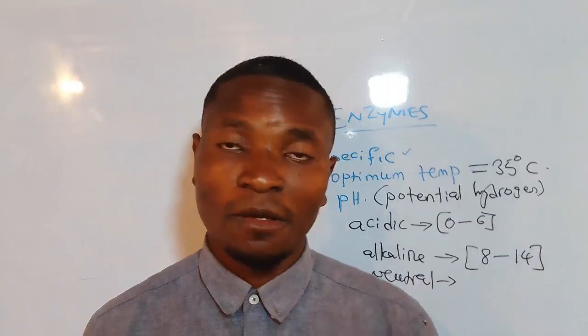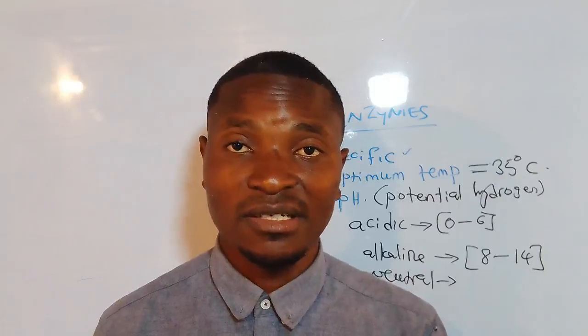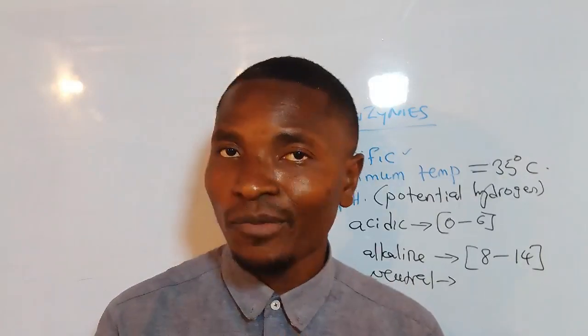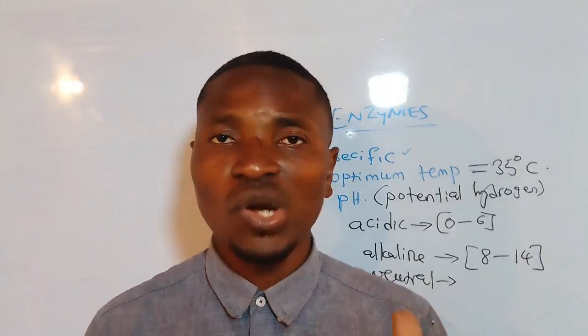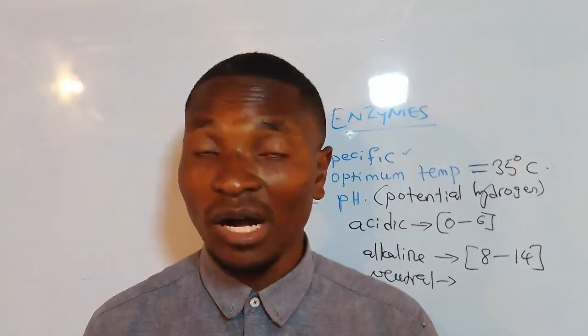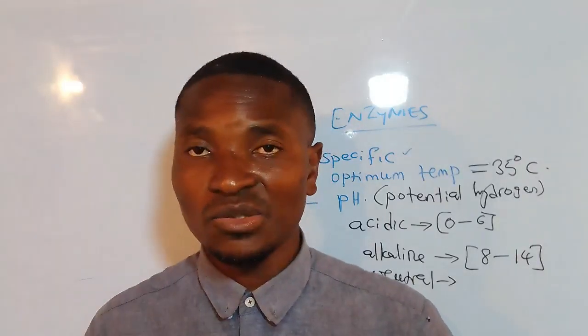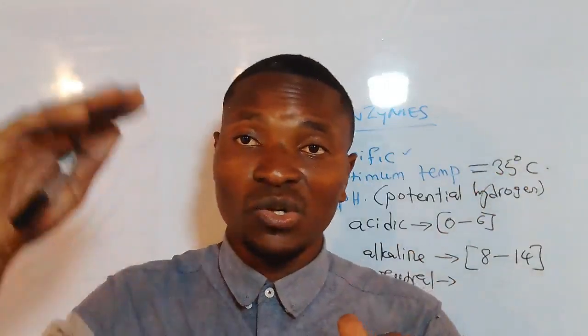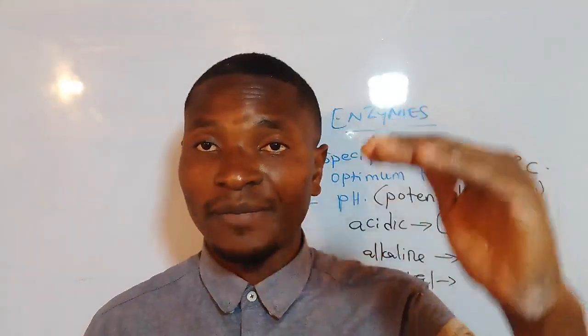But normally it's never exactly neutral like 7 as a pH, but it can be 7 point something, because things are not constant. Things are not the same throughout the process. They tend to go up, they tend to go down, and just like that.